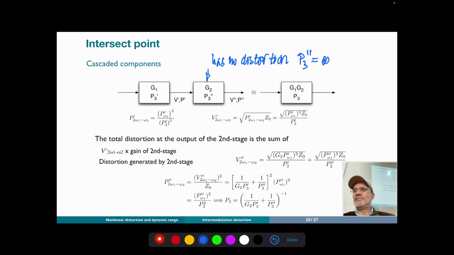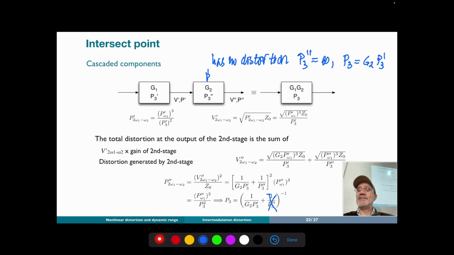If we replace here, this term will be 1 over infinite, will be 0, right? And in this case, P3 is simply equal to J2 times P3 dash, which is a reasonable result, right?